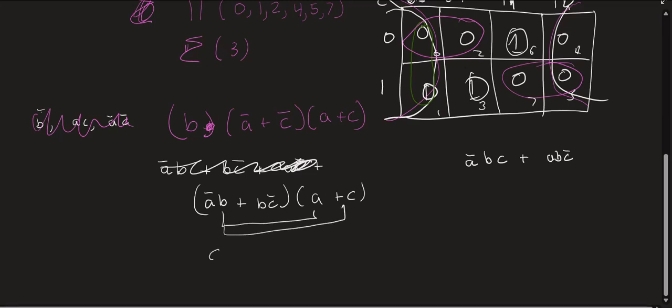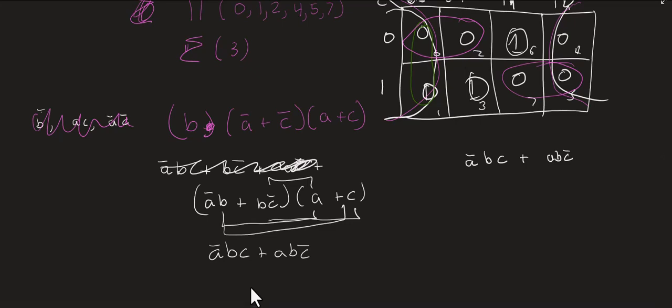This multiplication gives me A bar B C. This multiplication gives me A B C bar, and this multiplication gives me 0, and that should be the same as what I got over there. And so parts of it canceled out.